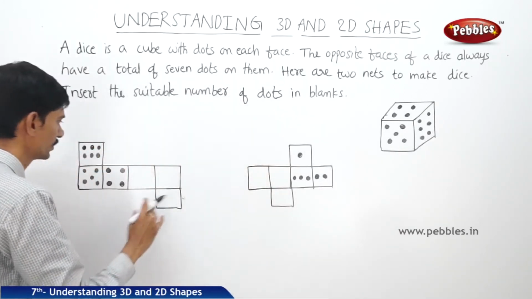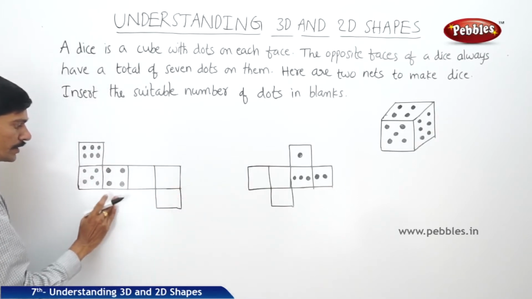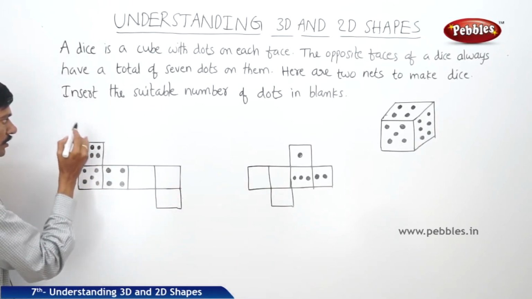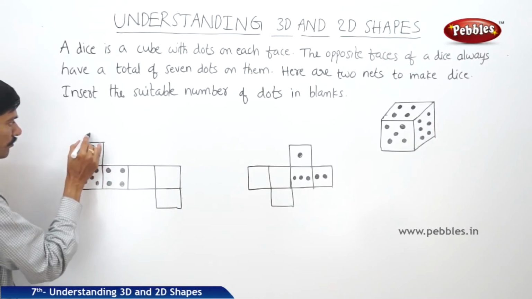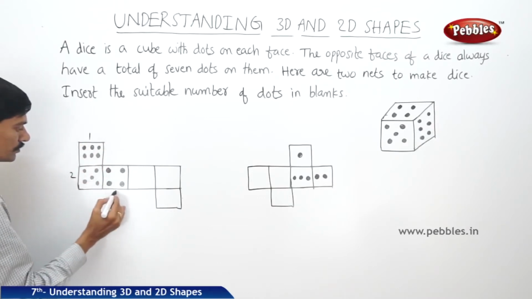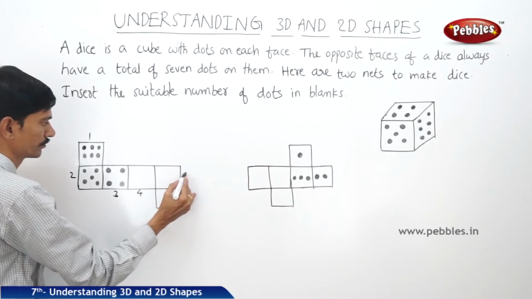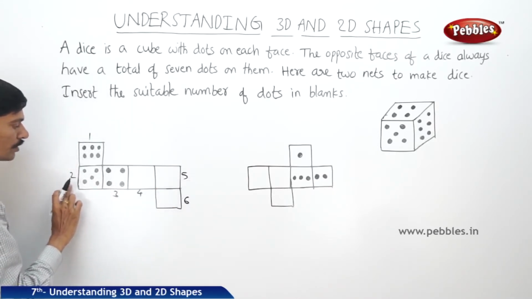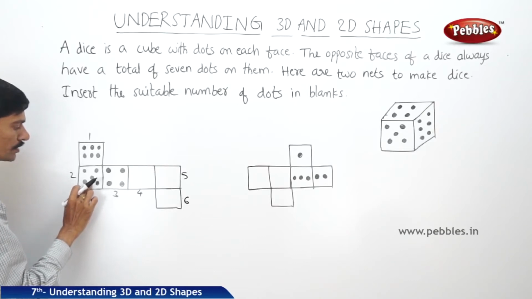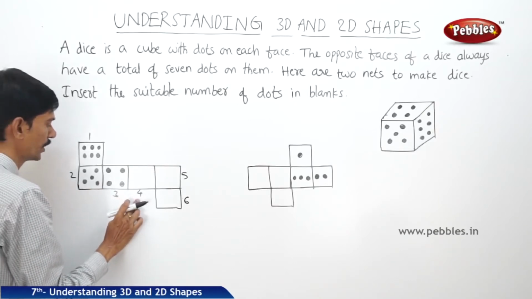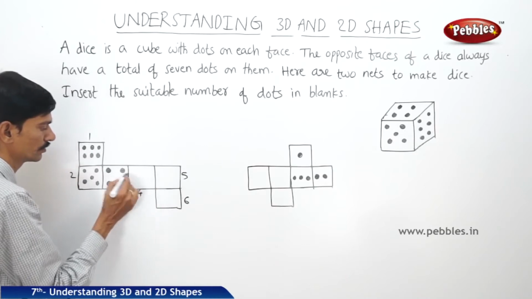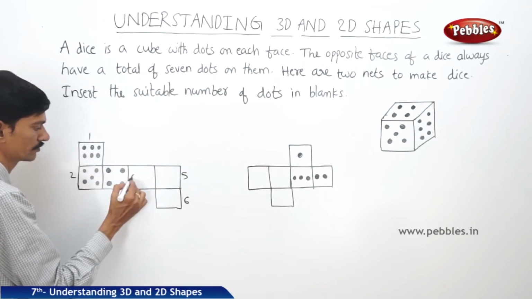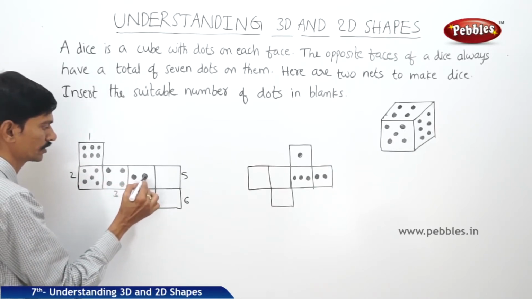Now if you take the net figure of any dice, now let us give the numbers to each face: 1, 2, 3, 4, 5, 6. Now as the face 2 has 5 dots on it, then its opposite face 4 will have 2 dots. So because 5 plus 2 is 7, it has 2 dots on it.